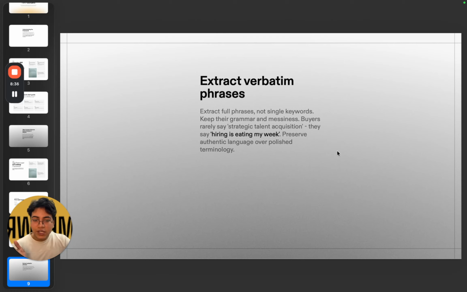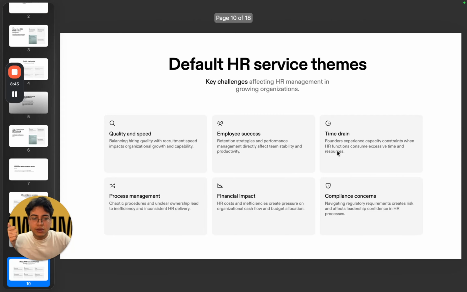So now we understand what the ICP word bank means and how we are going to mine it. So I came up with a lot of ICP word bank phrases, and when we have all of them, what we usually do is bucket those phrases into certain themes.